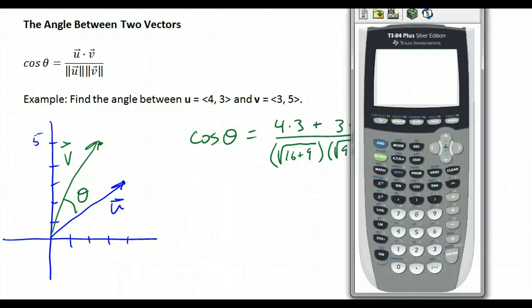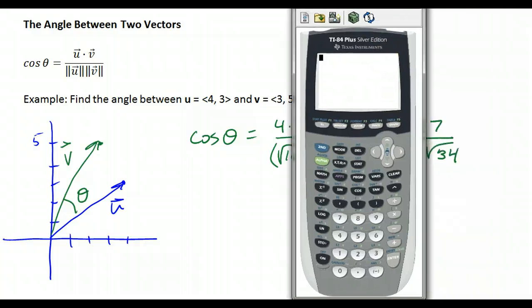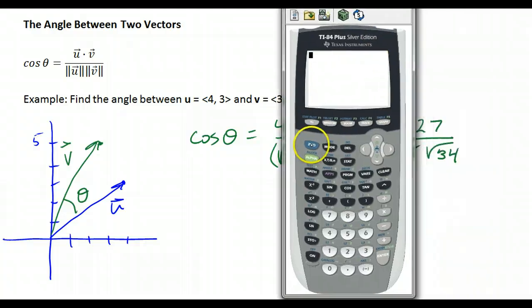Let's get our calculator up. And I'm going to go second cosine, 27 divided by parentheses, 5 times the square root of 34, close parentheses.